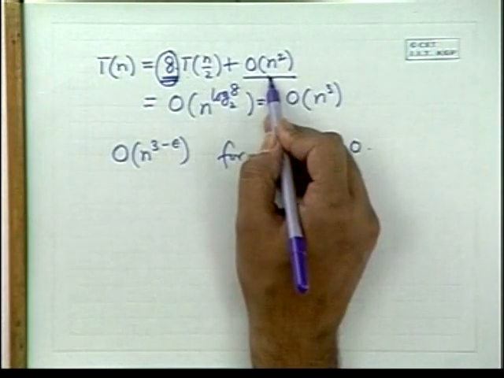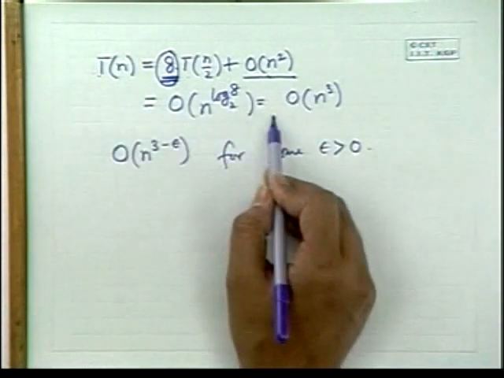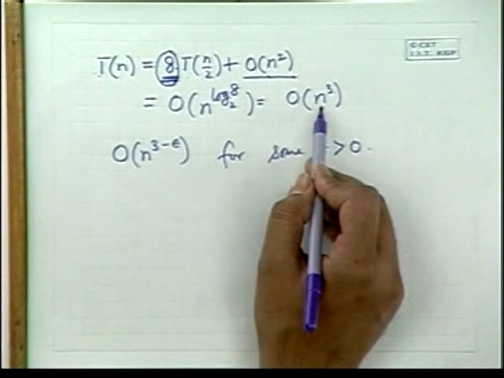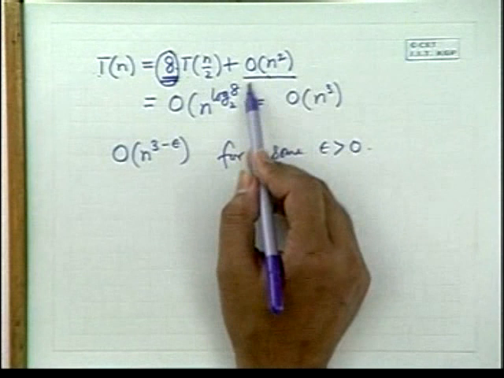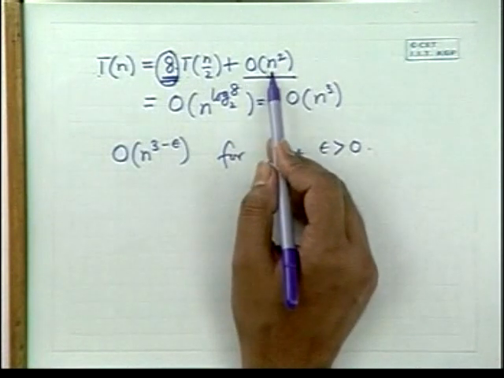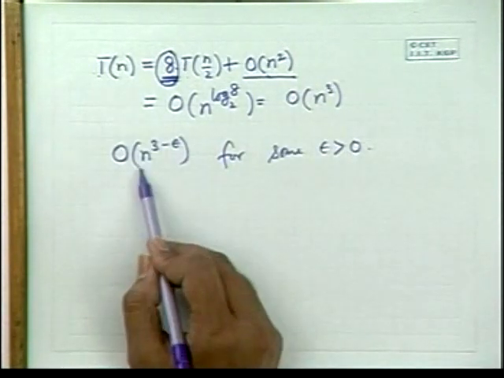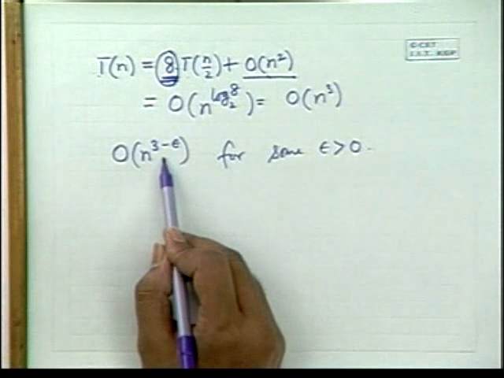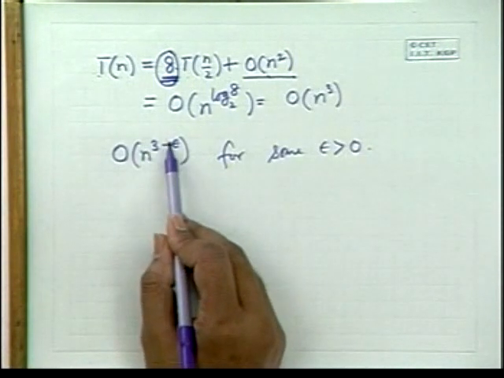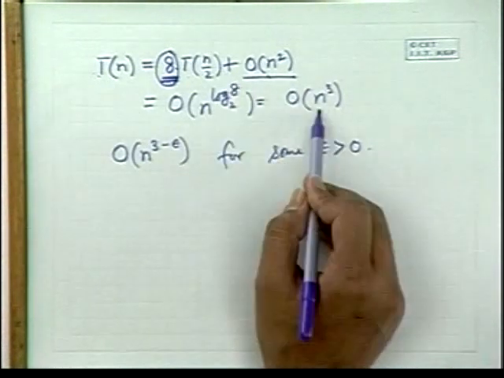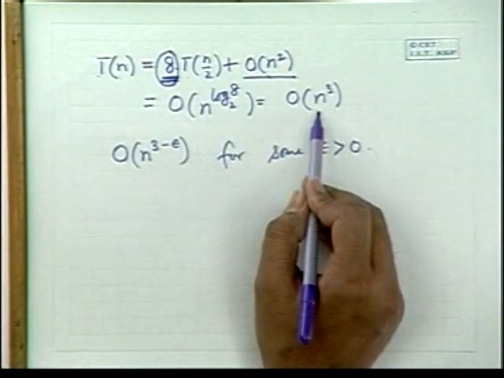Even if it is like that, then this entire recurrence relation will still solve to order of n cube. So we have some leverage here. It need not be n square. It can be less than n cube by any small amount. Small means in the power, n to the power 3 minus epsilon. For any small amount, it will still solve to order of n cube.